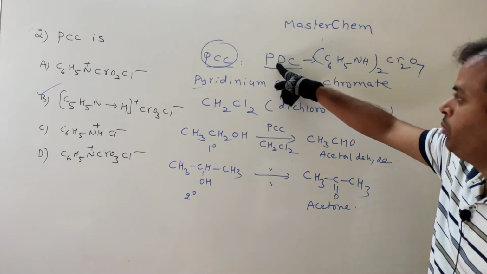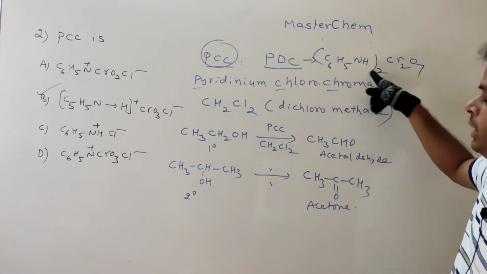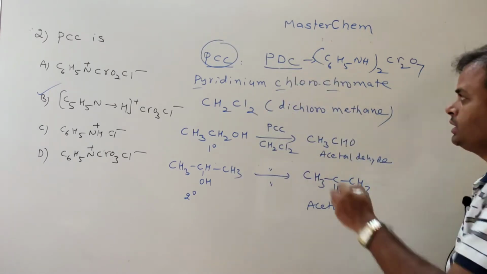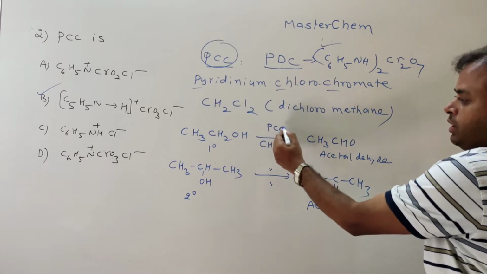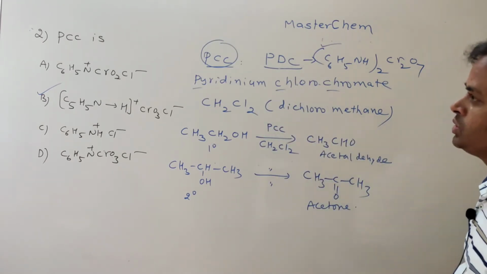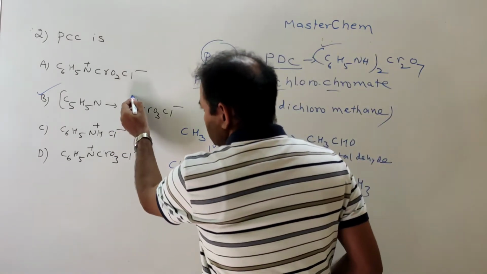This is called pyridinium dichromate, PDC. So in place of PCC, we can also use PDC for this same conversion. So this is about PCC, and this option is the correct answer.